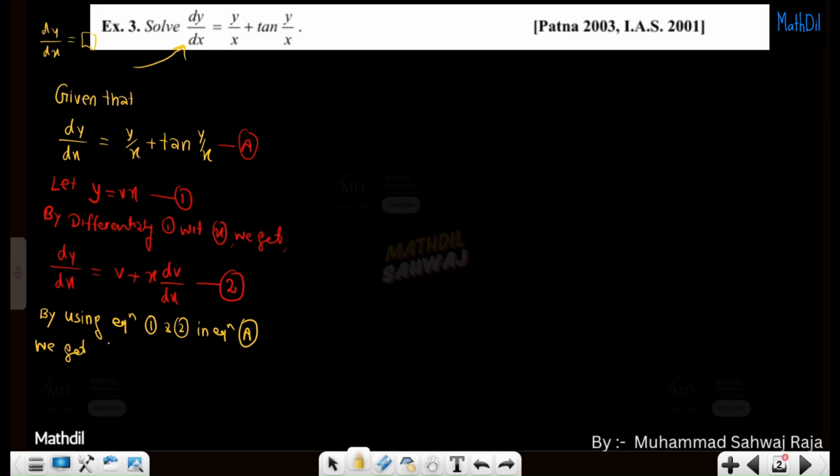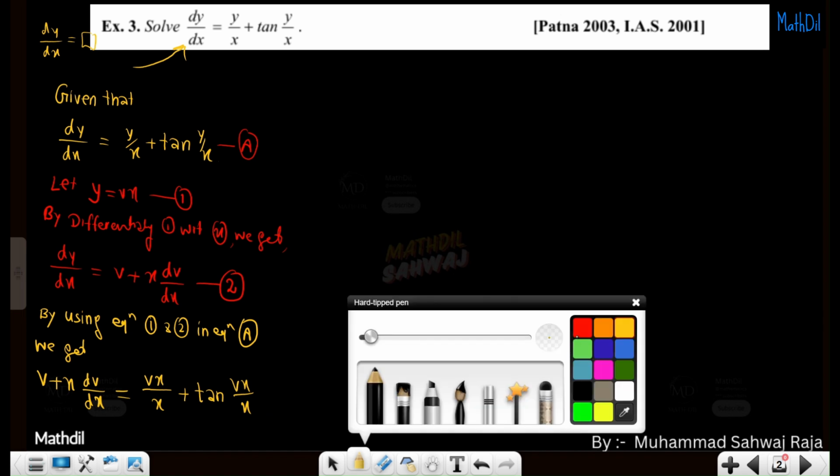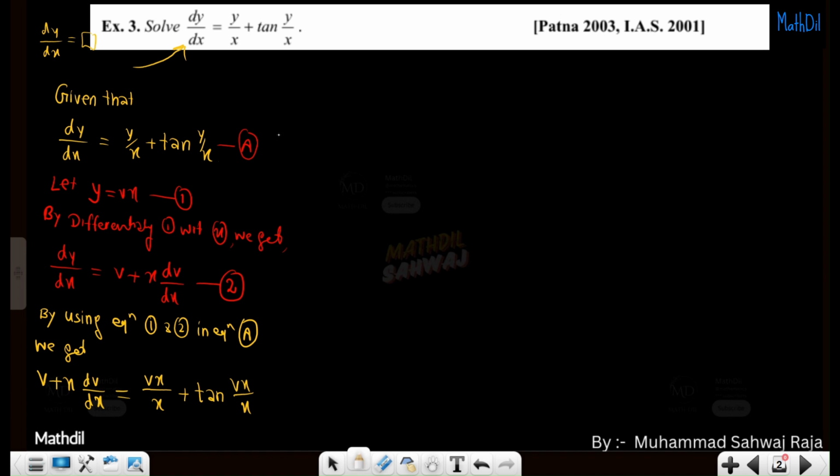So equation A becomes v plus x dv/dx equals, now see, it is y by x plus tan of y by x, and we know that y is equal to vx from equation 1. So write it here, y is equal to vx: vx by x plus tan of vx by x. We are doing nothing but just putting the values of y and dy/dx.